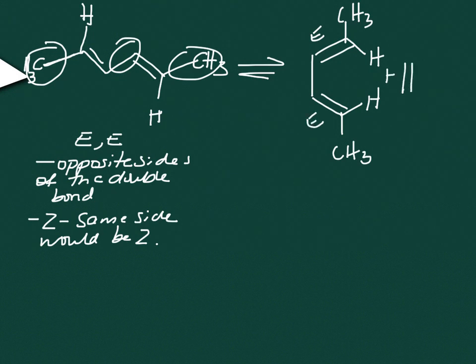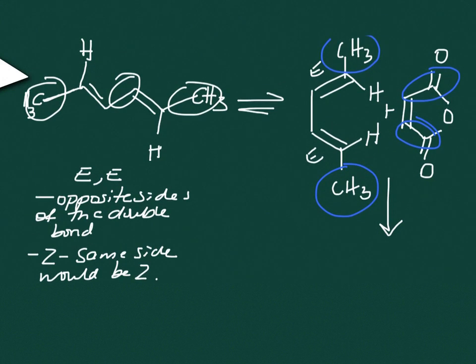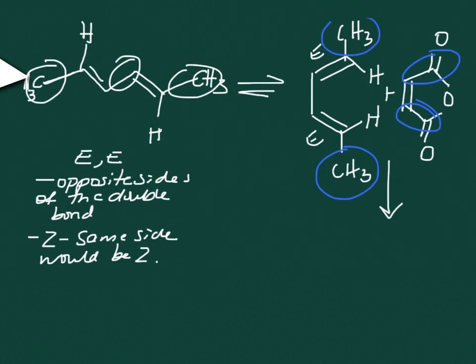Then when we add our dienophile, we have to maintain the stereochemical relationship between the methyl groups and the stereochemical relationship of the alkene of the dienophile. So remember, our base is always going to be cyclohexene.